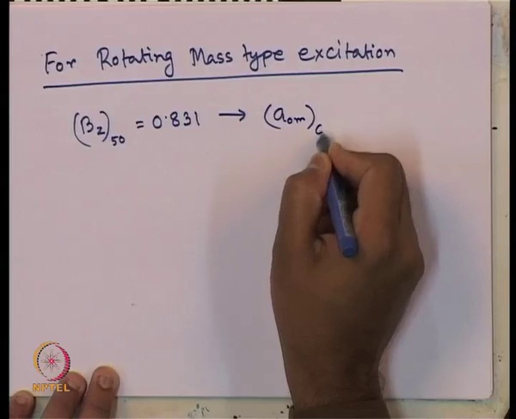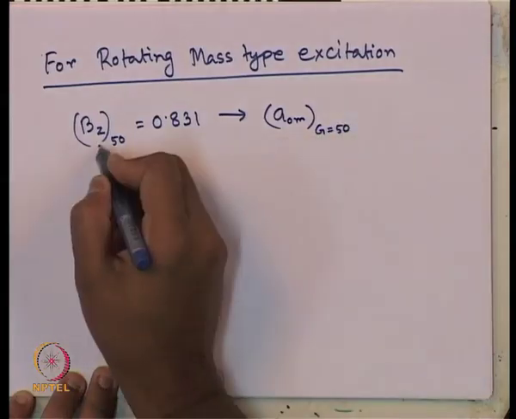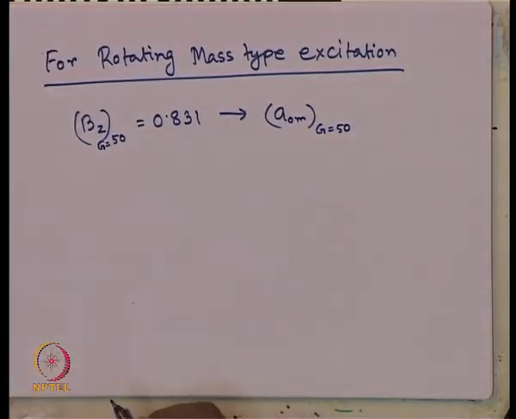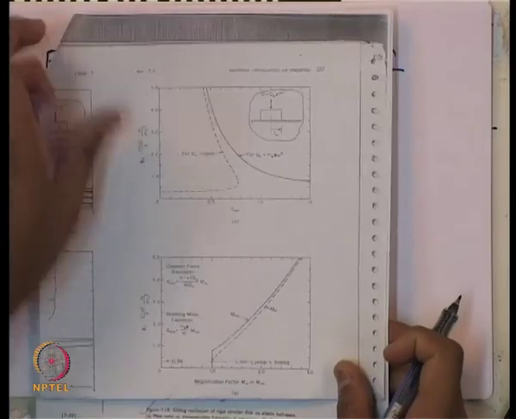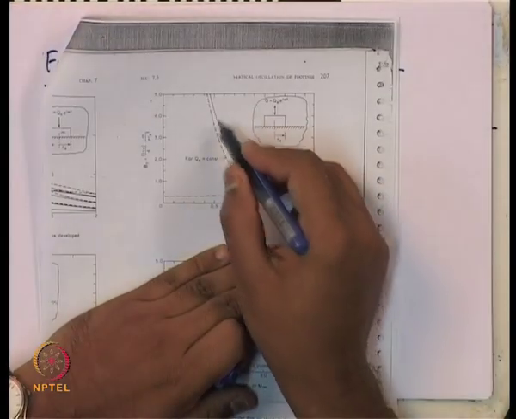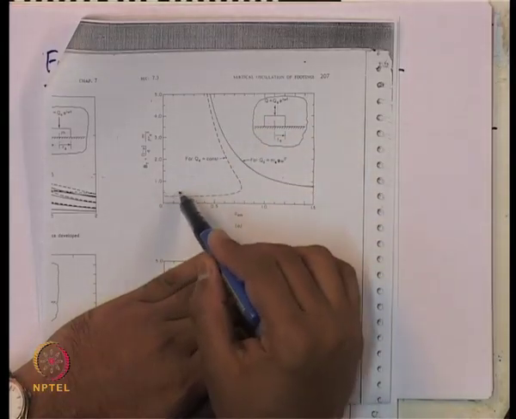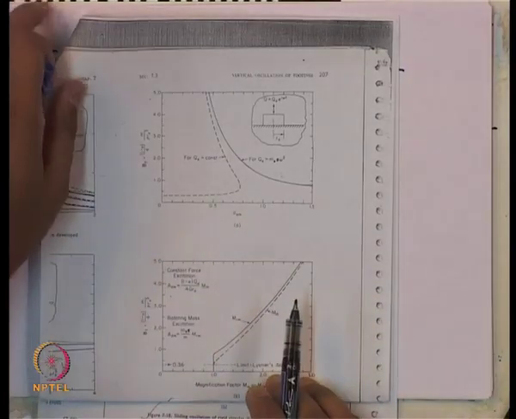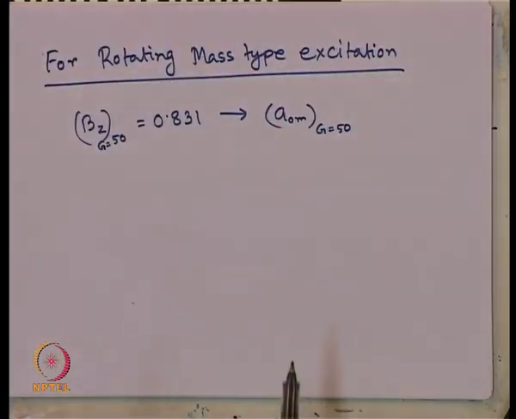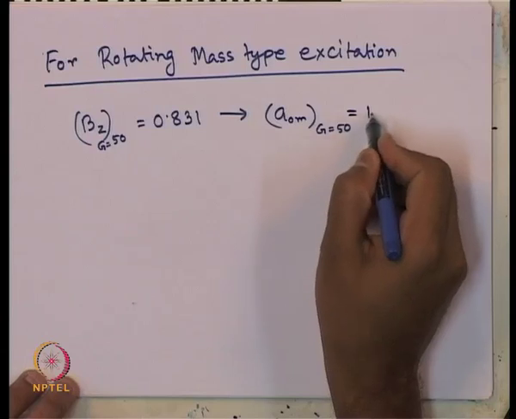Let me show the design chart again. Now, we are going to read this solid line. From this solid line, BZ corresponding to 0.831, we will bring it here and drop it and read the value. I am reading it as about 1.4.